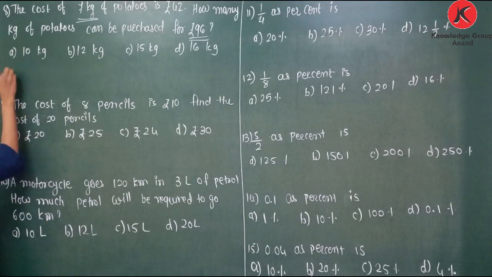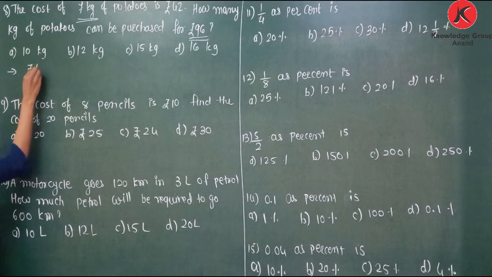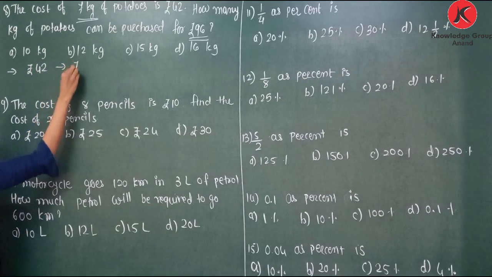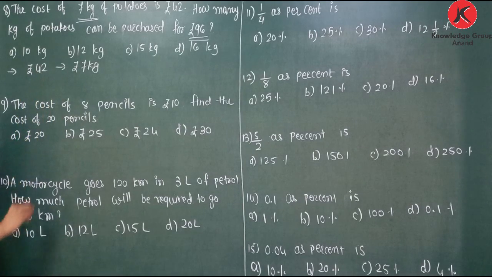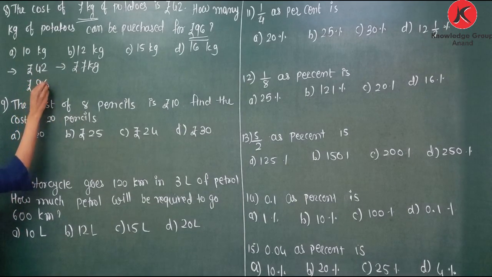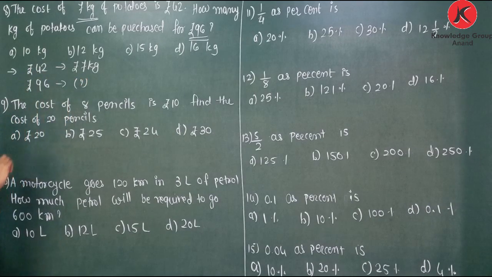So here we can write, rupees 42 is of 7 kg. In 42 rupees we can buy 7 kg. So in 96 rupees how much potato can be bought?